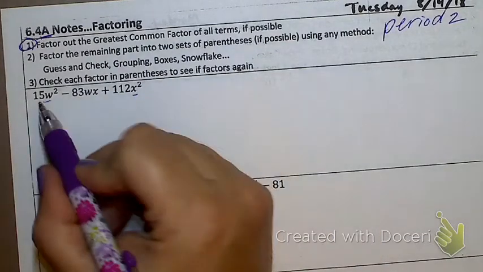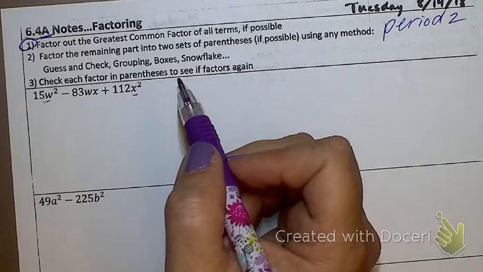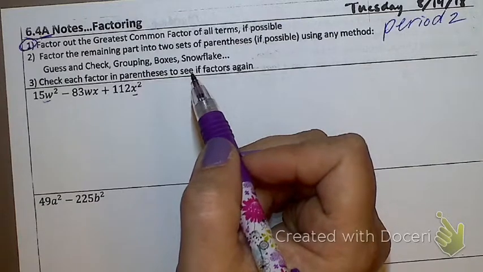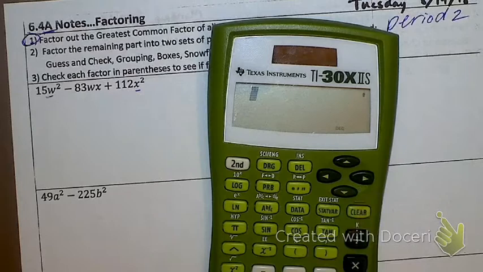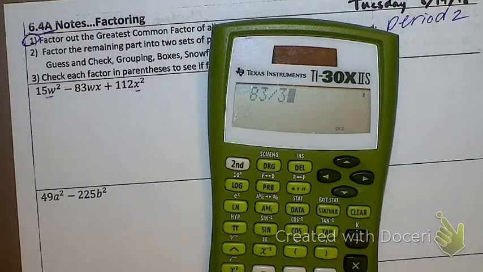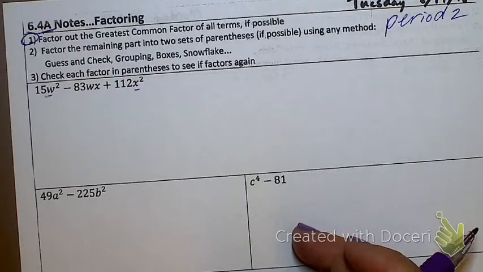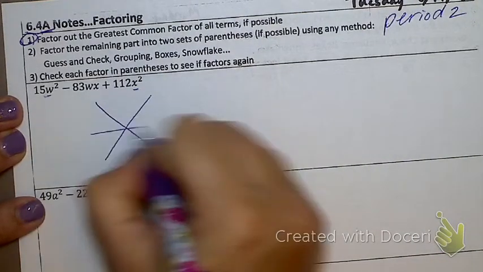What about the numbers? 15, 83, and 112. Do they all have something in common? My brain wants to say 3, but I don't think 83 is divisible by 3. Nope. So I don't know that there's anything I can take out. So I'm going to go to my snowflake with these giant numbers and see what we can do.